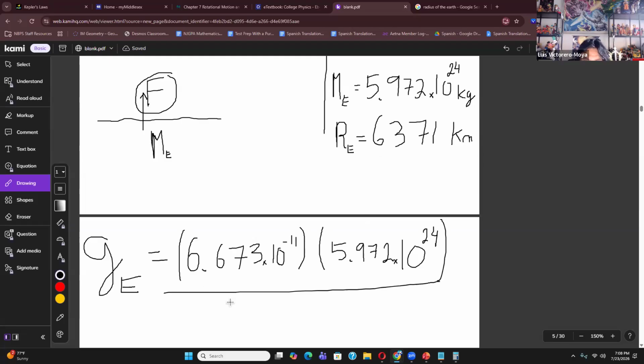But this is in kilometers. 6,371 times 1,000 to change it to meters, squared.